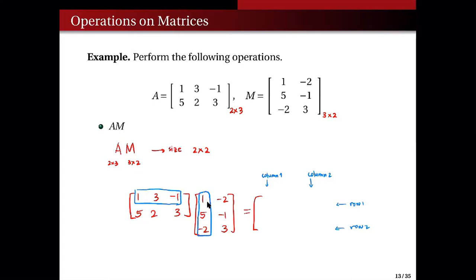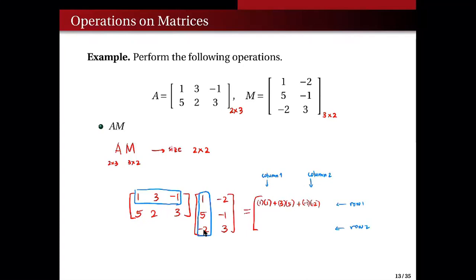I'll write this completely: 1 times 1 plus 3 times 5 plus we have here negative 1 times negative 2.